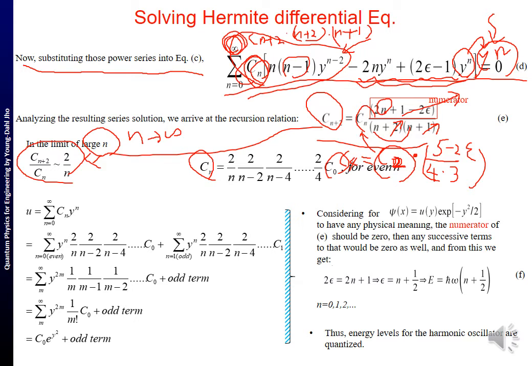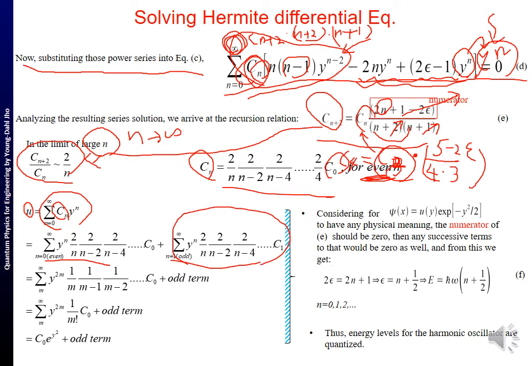And now u was defined like this, and Cn is like this. We separate that into even and odd values. The odd terms we don't know yet, but at least for the even terms we figured out the relationship between n and n plus 2. We apply that idea to this part.